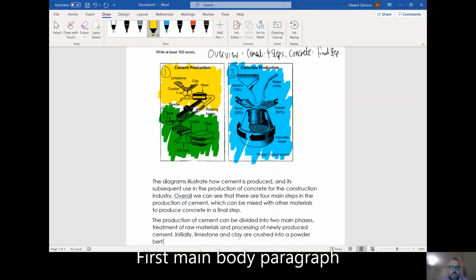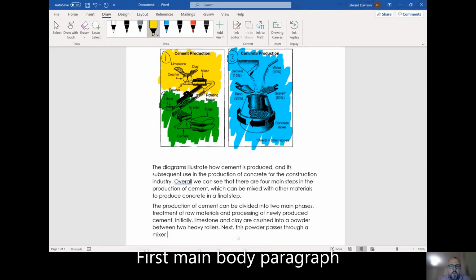This powder, let's say this. Next, this powder passes through a mixer before being heated in a rotating heater.